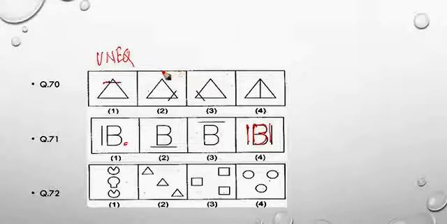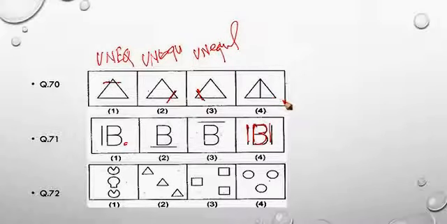In case of problem figure 2, again this line is dividing the triangle into two unequal parts. In case of option 3 as well, this line is dividing the triangle into two unequal parts.